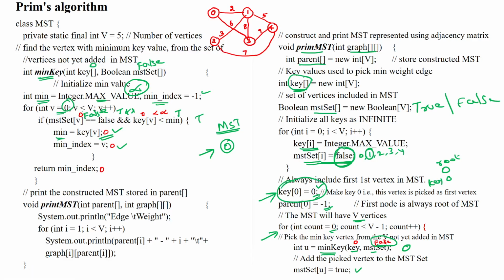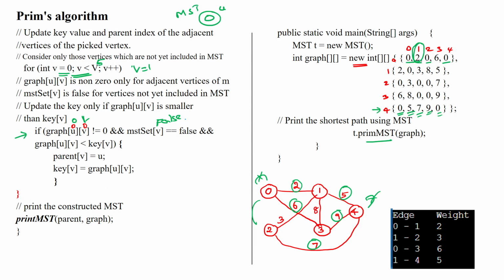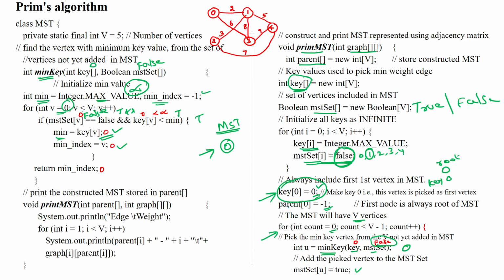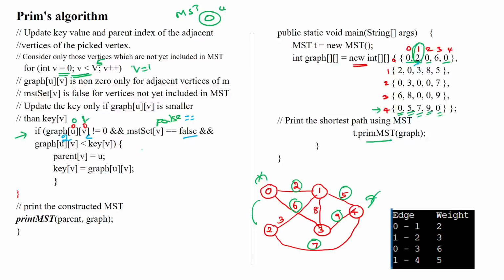So based upon that, now we are checking false equal to false, so it is also true. And graph of U of V is here the value 2. So graph of U comma V is 2, less than key of V. Key of V, you look at that, is infinity as of now.